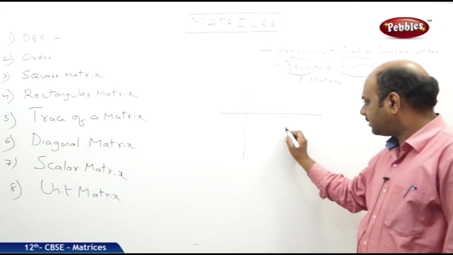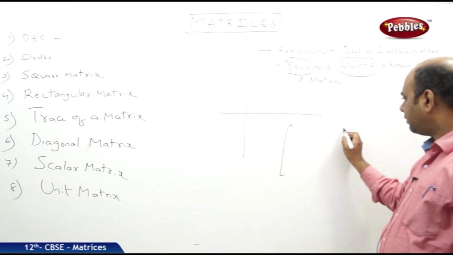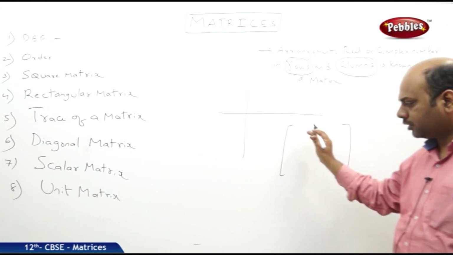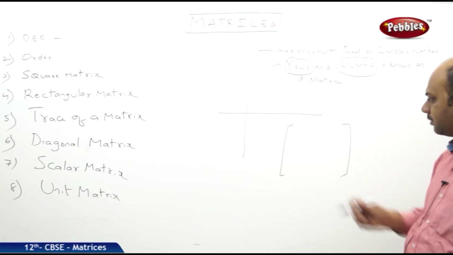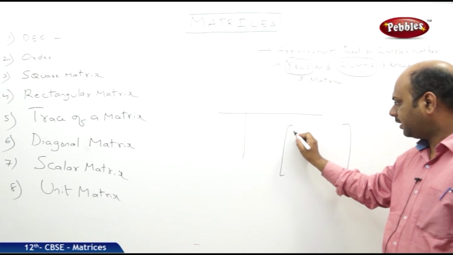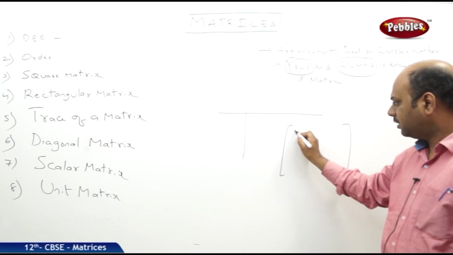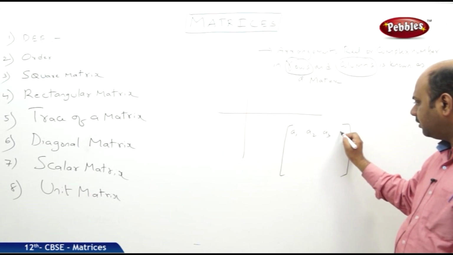A matrix is generally represented by a square bracket, and the numbers put together in the square bracket are known as a matrix. How do we arrange them? For example, I will take elements as A1, A2, A3, A4.